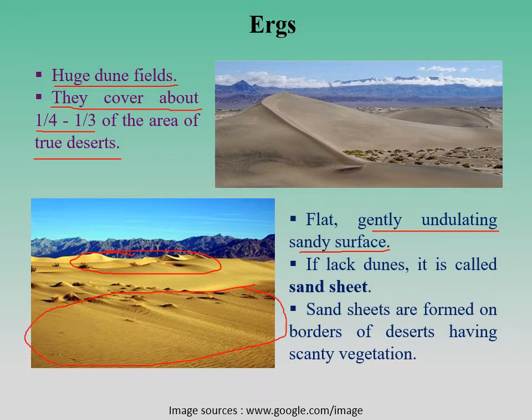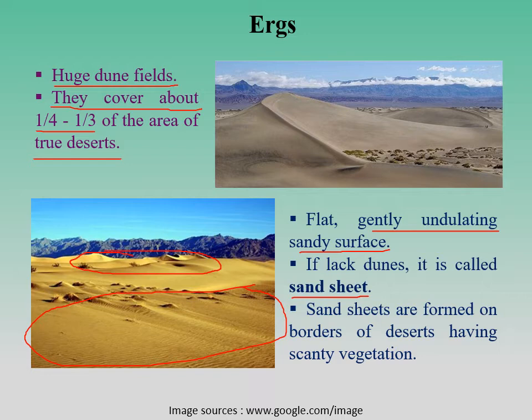These are called sand sheets. Sand sheets are formed on borders of deserts having scanty vegetation. So generally in this sand sheet portion, that is the peripheral part of the dunes, we find some scanty vegetation cover.